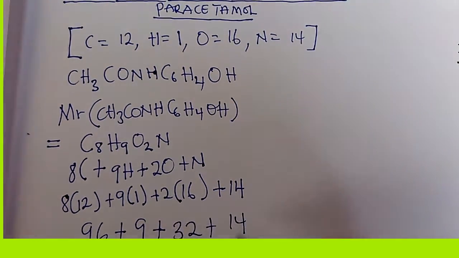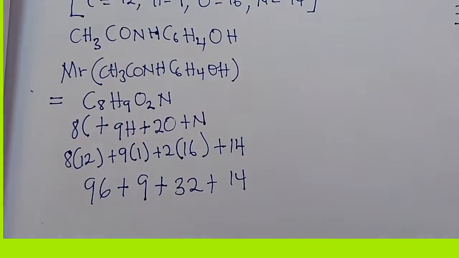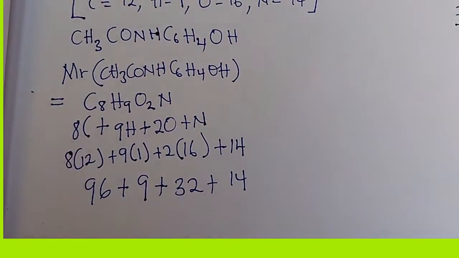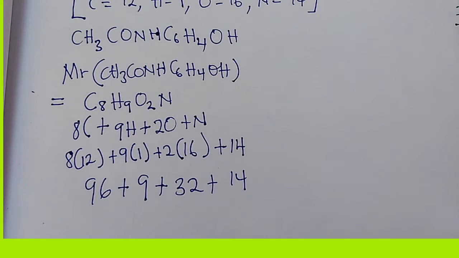Plus 14. Gradually we are getting there. What do we do next? Just add everything together. 96 plus 9 gives me 105.